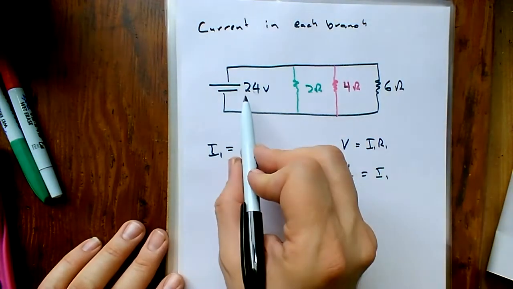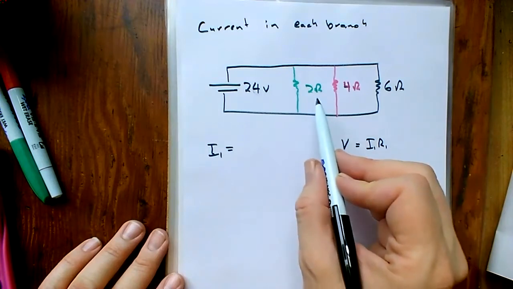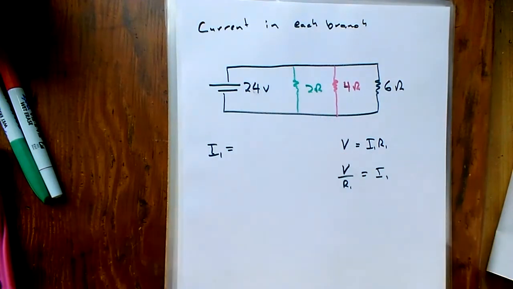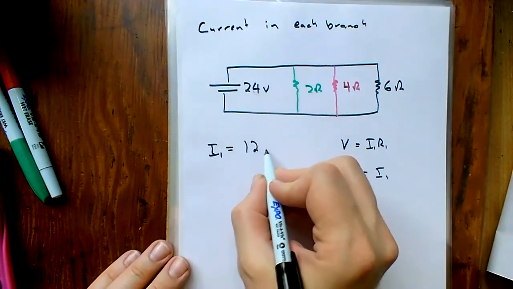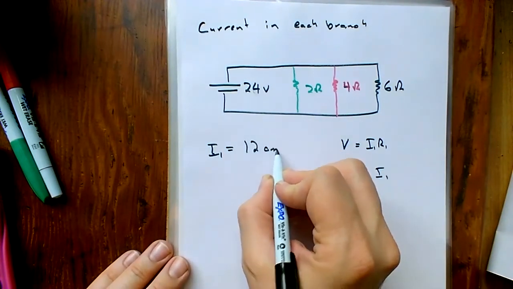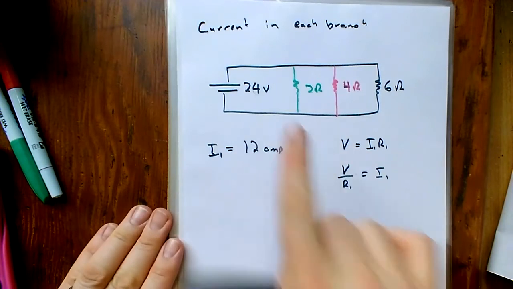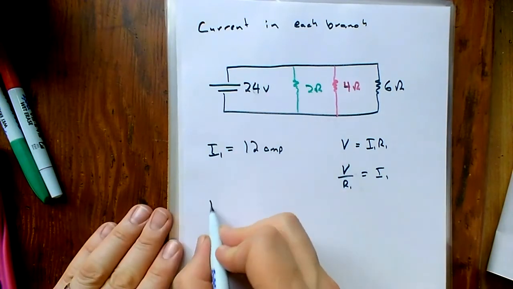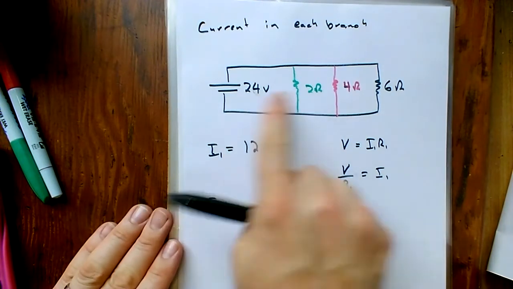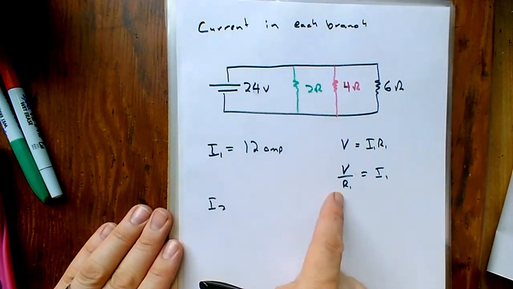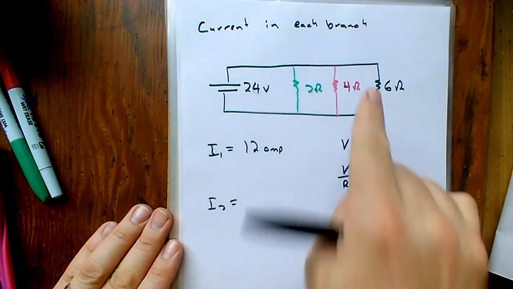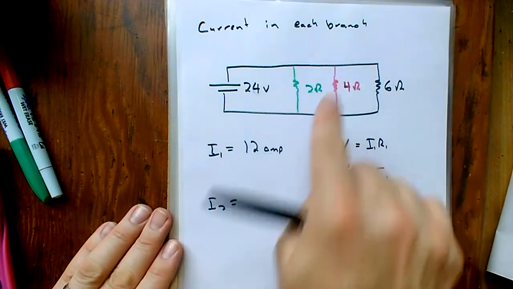Here I'm going to have 24 divided by 2, which is 12 amps. In that second one, the voltage divided by that 4, I'll have less current going through there.